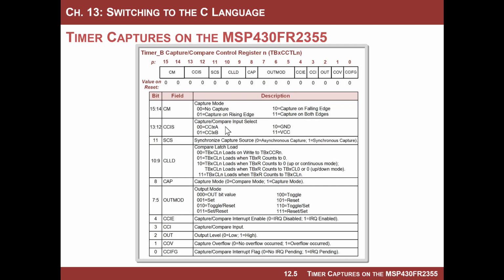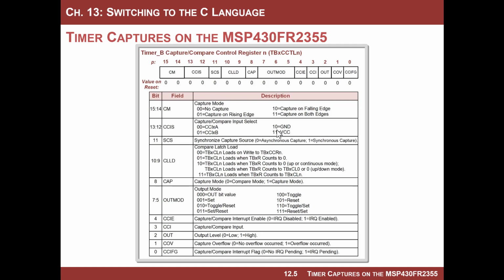Then we use the capture compare input select, instead of choosing these two signals that can come from a pin or an internal peripheral, we use ground and VCC to create an edge. So we set the most significant bit of CCIS to a 1, and then we can have some event toggle the least significant bit.